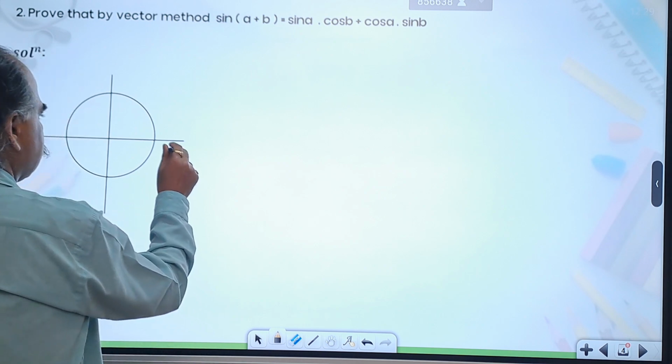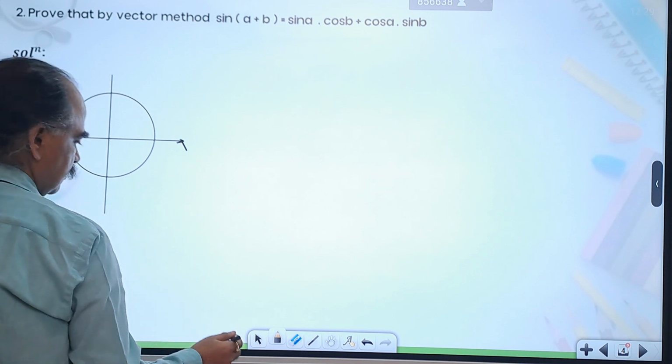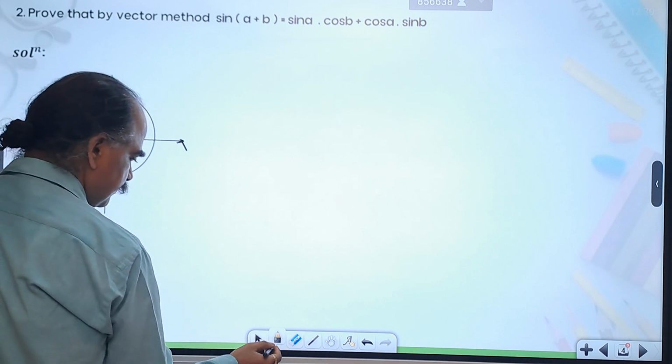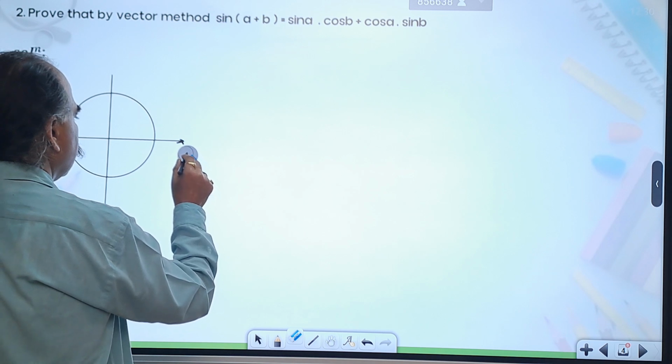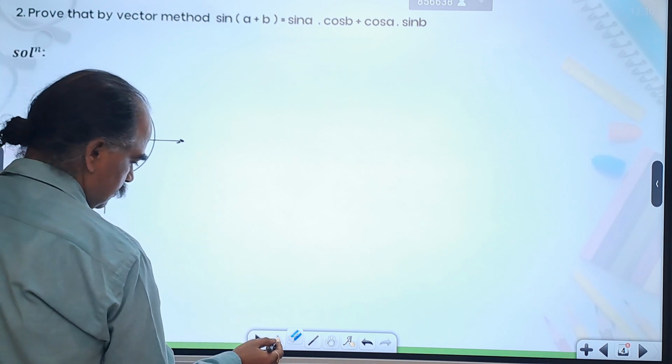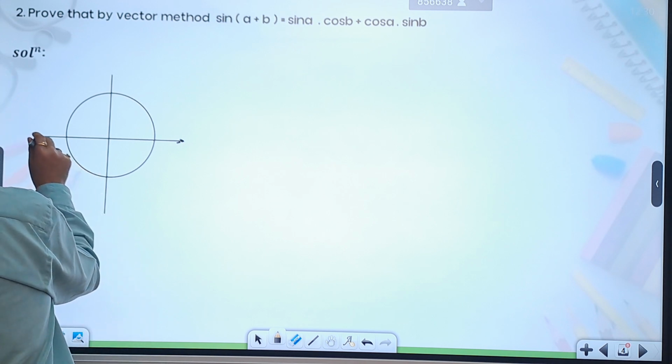So consider a circle having center at origin and radius 1 unit.